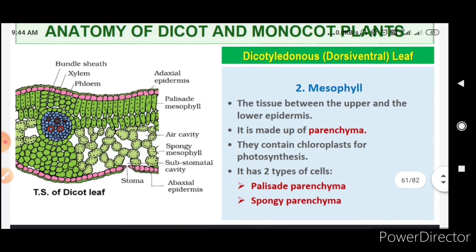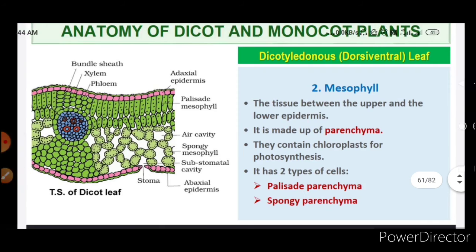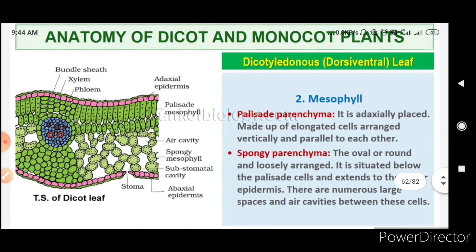Now comes the mesophyll. Mesophyll is the tissue present between the upper and the lower epidermis. It is made up of parenchyma containing chloroplasts for photosynthesis, and it has two types of cells, the palisade parenchyma and the spongy parenchyma.